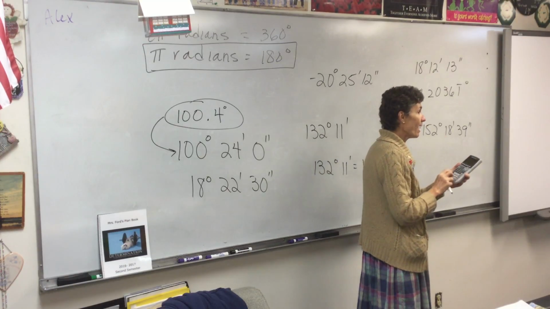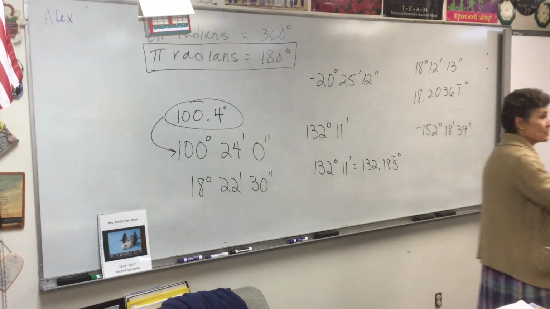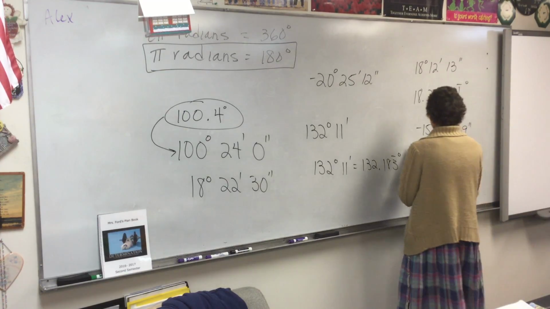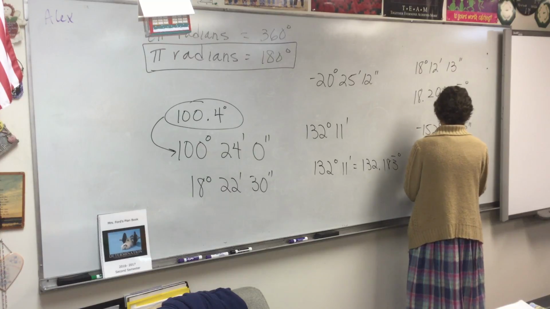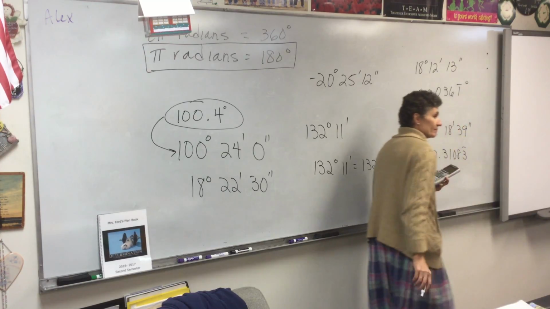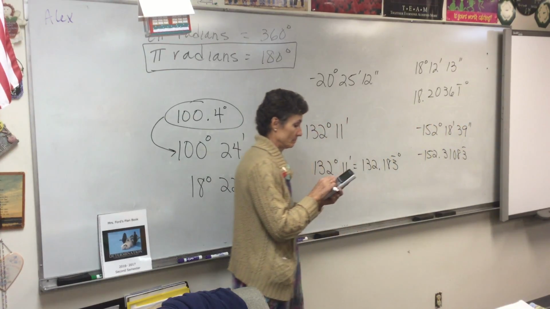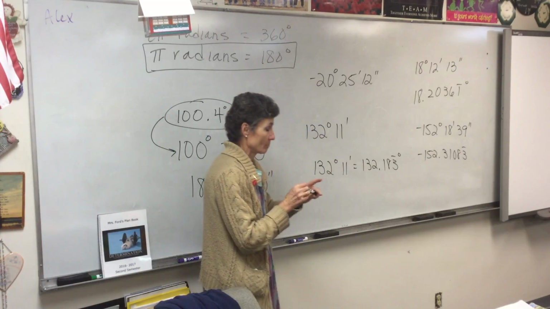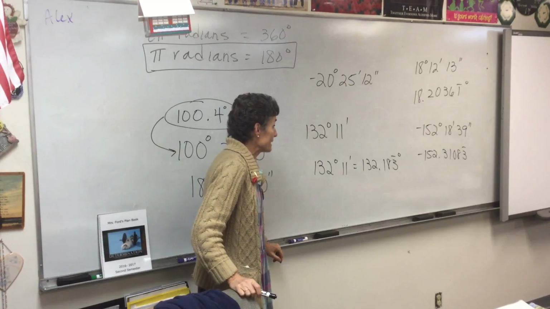Now, 39. I don't go to second angle, I go to alpha plus. And you should have gotten negative 152.3108 repeating threes. Okay, everybody get that?